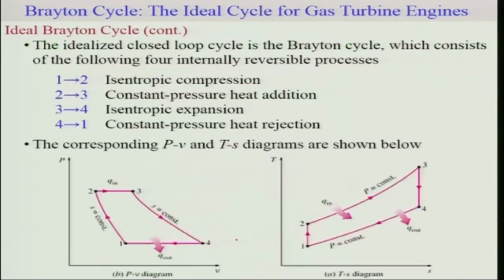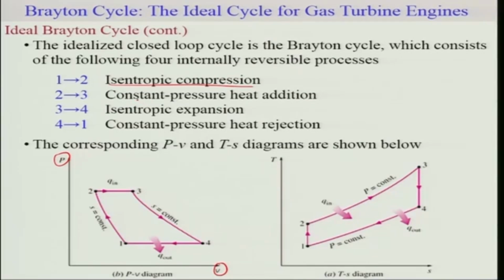Now one can represent this on a PV diagram and a TS diagram. Let us represent this Brayton cycle, which consists of 4 internally reversible processes. One is the compressor, which works under isentropic conditions, so this is isentropic compression, 1 to 2 on the PV diagram.